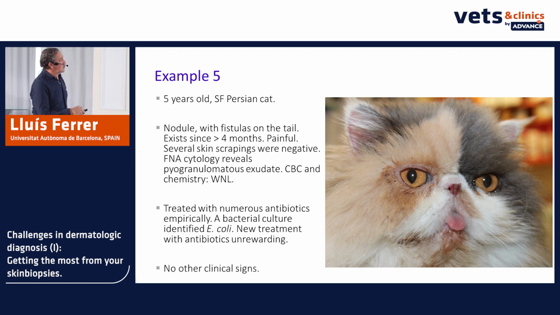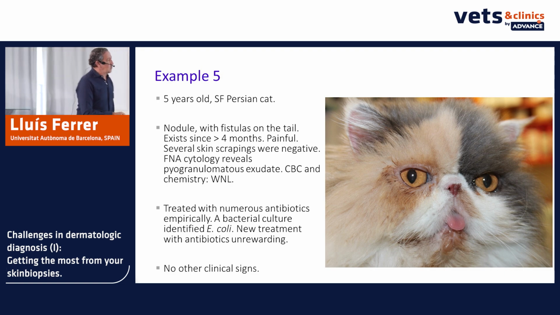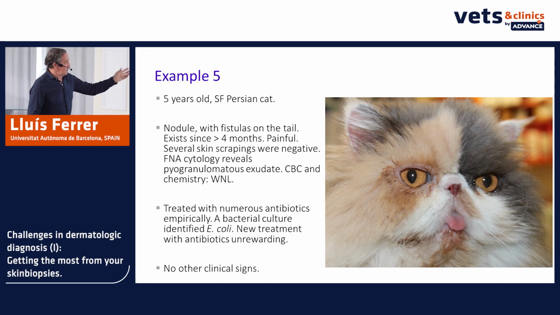They did skin scraping. The referring vet did cytology of the nodule and detected a pyogranulomatous exudate. Biochemistry, blood work, everything was within normal limits. It was treated with different antibiotics empirically. They took samples for bacterial culture and they identified Escherichia coli, that probably was a contaminant.